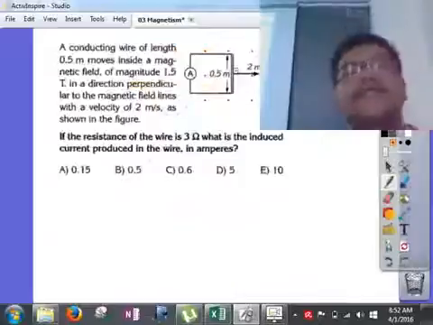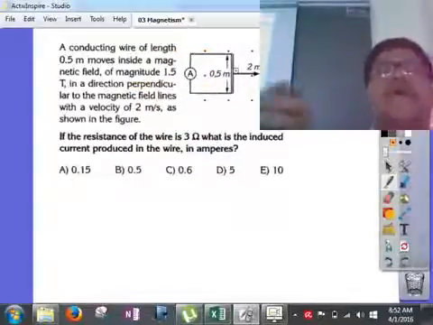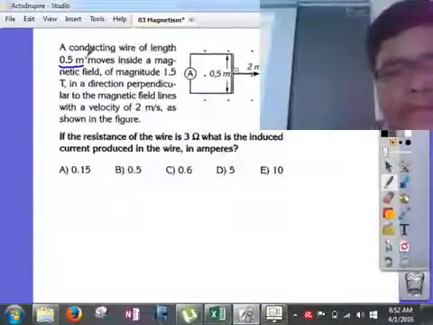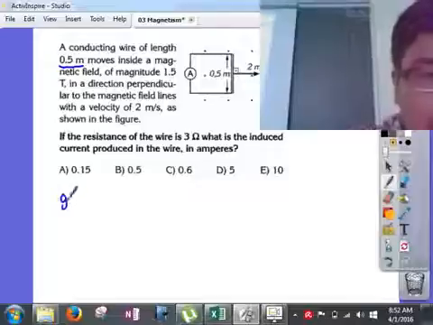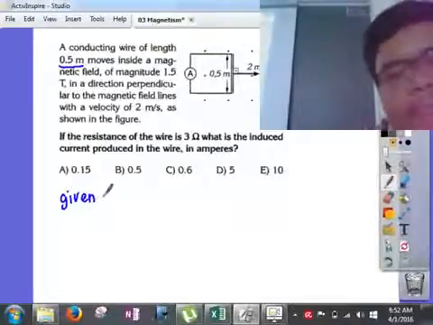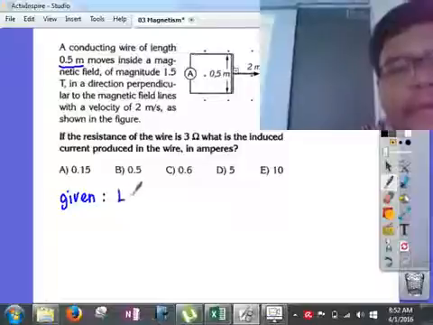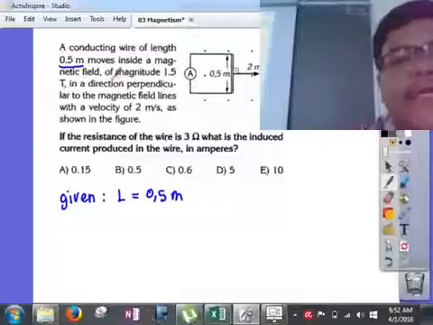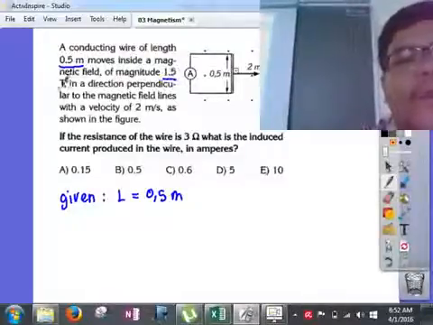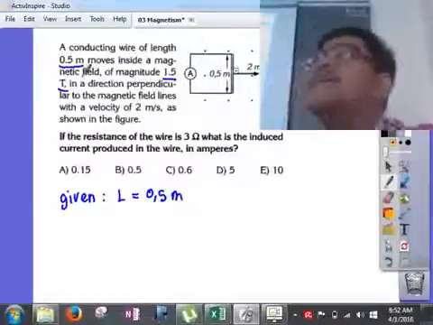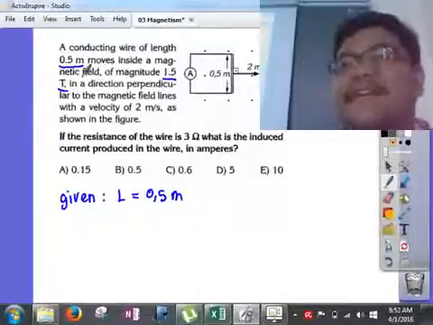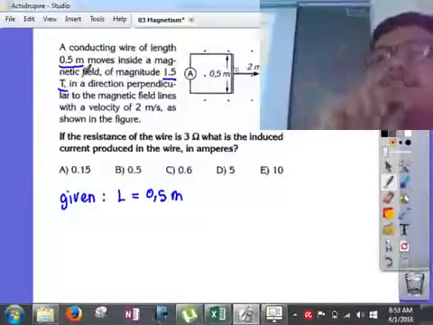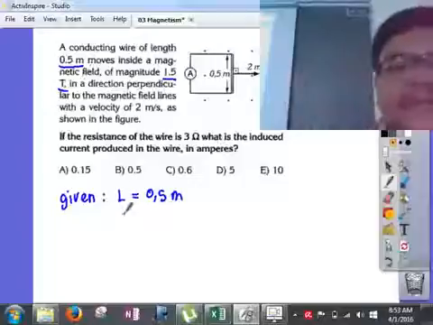Right. So next, this is the exercise. A conducting wire of length 0.5 meter. So let's write down the given: length 0.5 meter moves inside a magnetic field of magnitude 1.5, not farad actually, Tesla. It should be Tesla. Change all farad into Tesla.